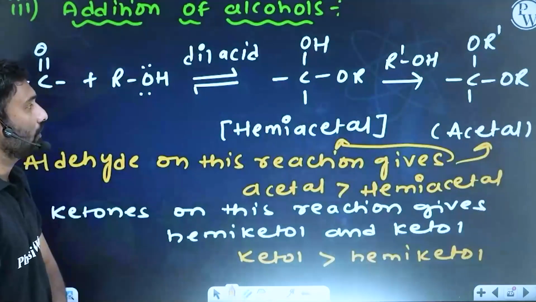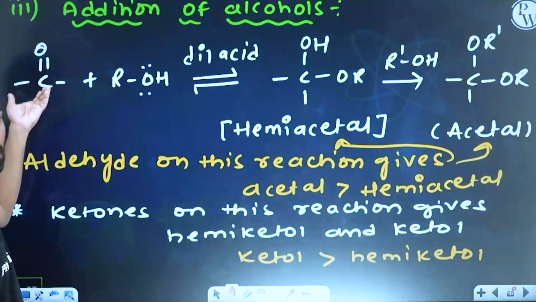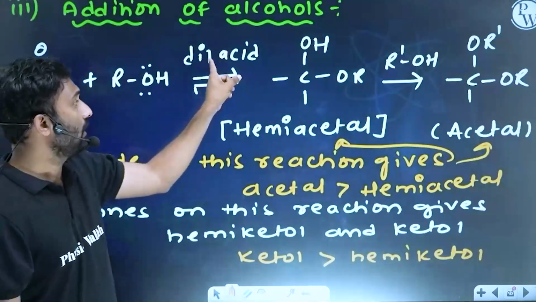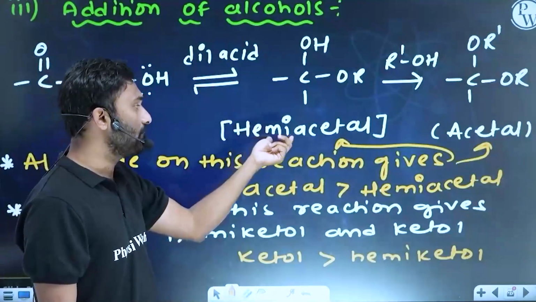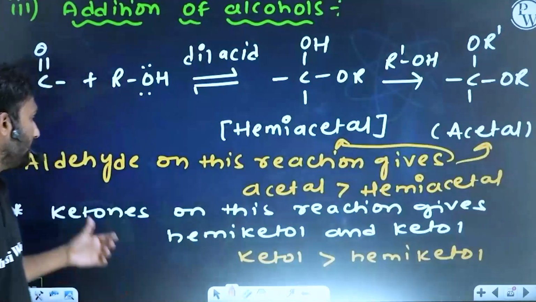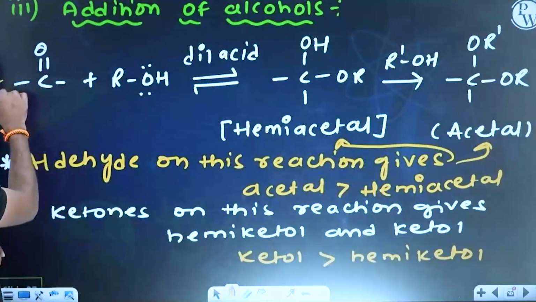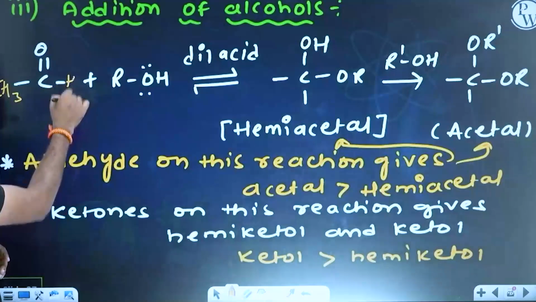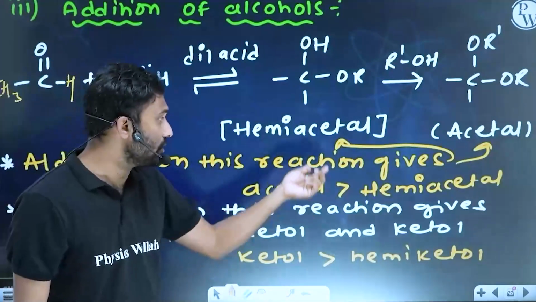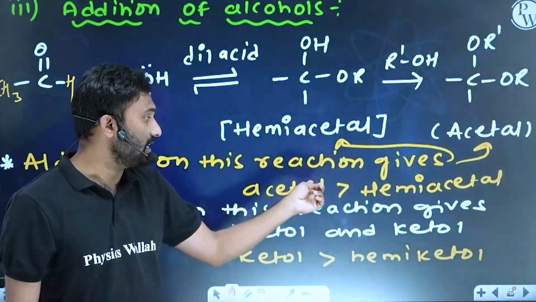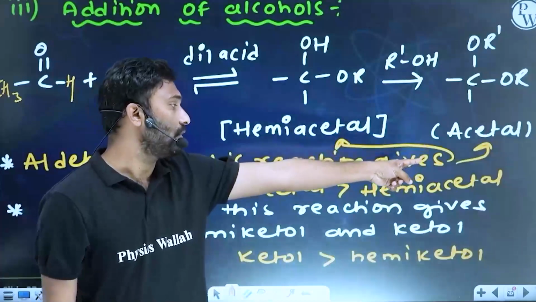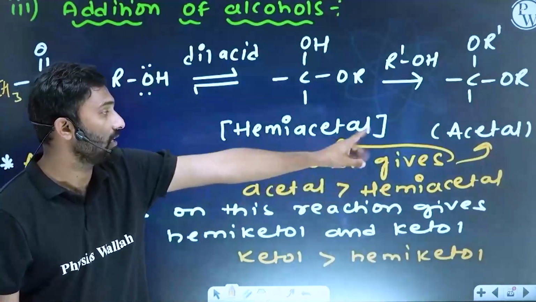Addition of alcohols. Now, this is a carbonyl group. The carbonyl group upon reaction with alcohol in the presence of dilute acid gives the hemiacetal and acetal.